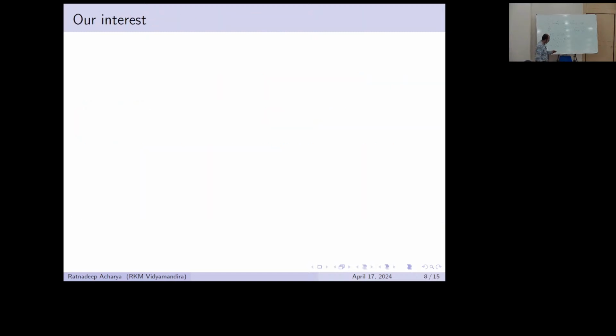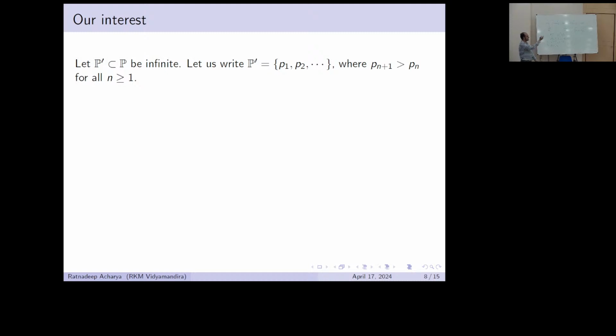All right, so let's come to our interest. Consider an infinite subset of primes. Let us write this P prime again in ascending order, and you can guess that we have to consider G of P prime, which is again defined to be the lower limit of the sequence of gaps between those primes in P prime.